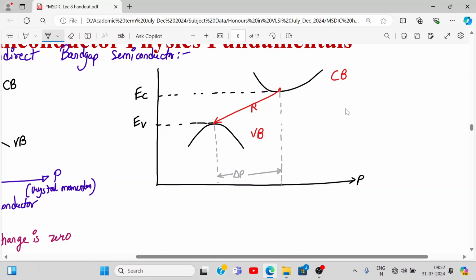So the possibility of emission of a photon is very less because there are defect levels. Are you understanding? So while the carriers are getting recombined or generated, what will happen? There is a shift in the momentum. One carrier in the conduction band is with different momentum, one carrier in the valence band is with different momentum. Just like the example I gave you of a bike and a train, same traveling at 20 kilometers, but their impact is different, right?